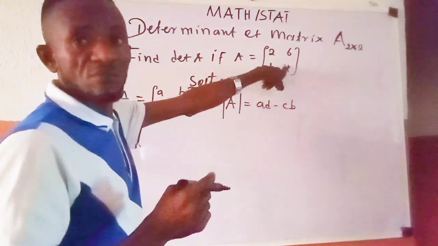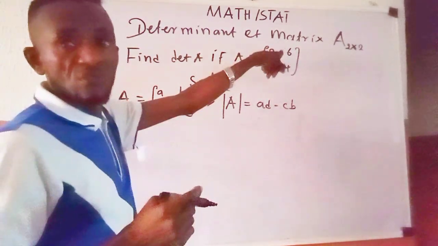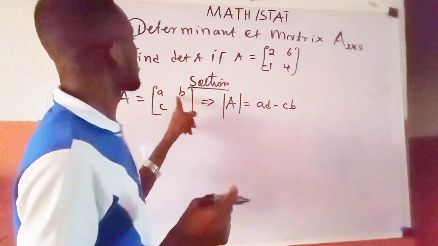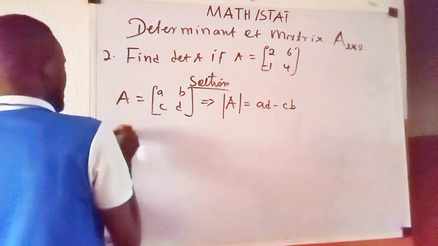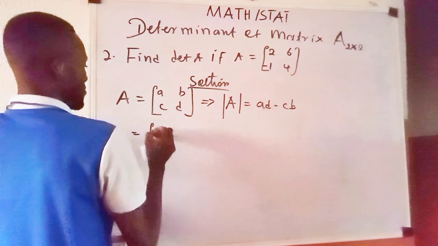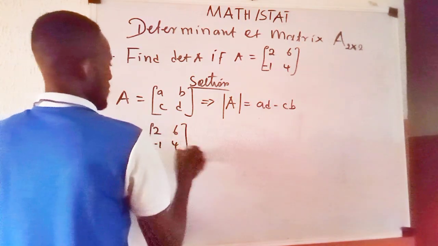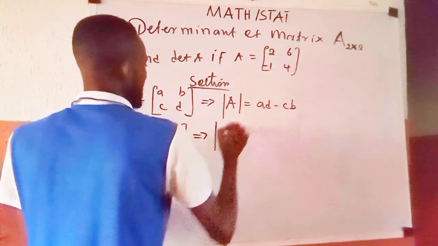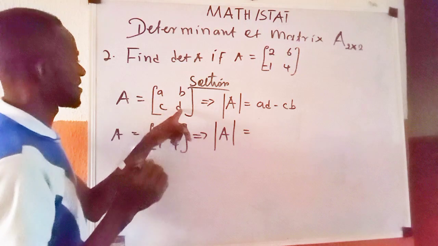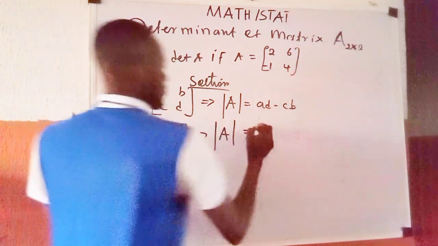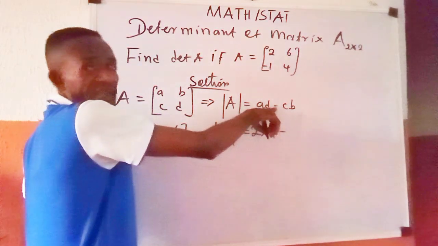So matching what we have been given to what is here, A defined as 2, 6, -1, and 4 will imply that the determinant of A will be given as, here was AD, so I will have 2 times 4, minus, which is what is in the formula.